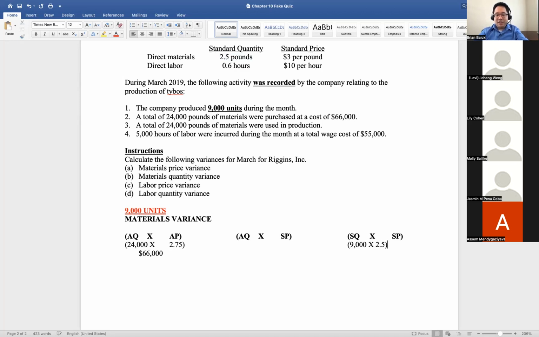That's 9,000 times 2.5. This is the standard quantity. Because to make 9,000 units, we actually used 24,000 pounds. So to make 9,000 units, how many pounds are you supposed to use? That's 9,000 times 2.5. And the standard price is 3.